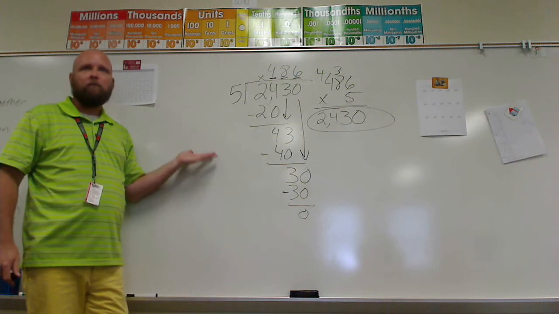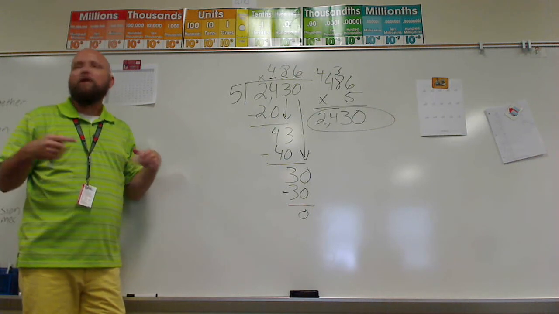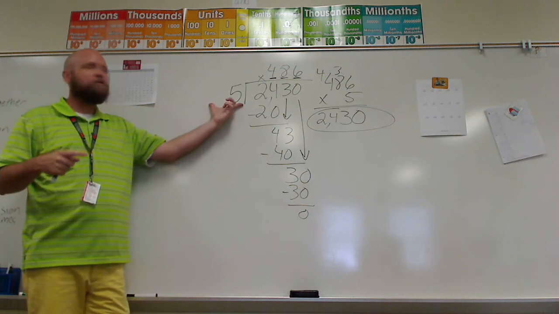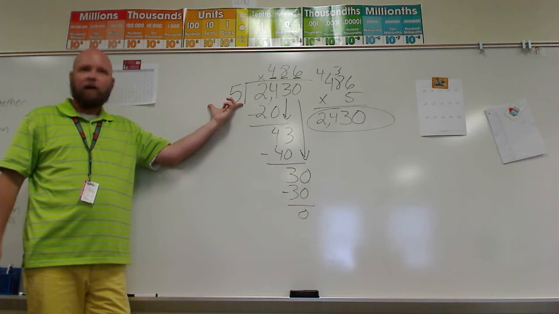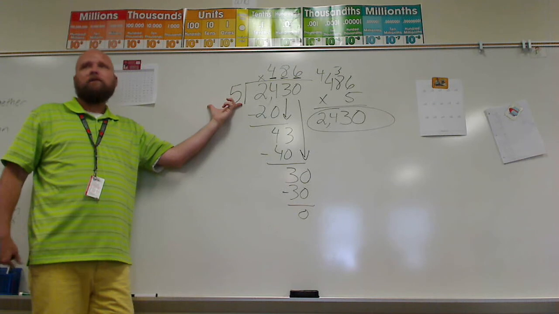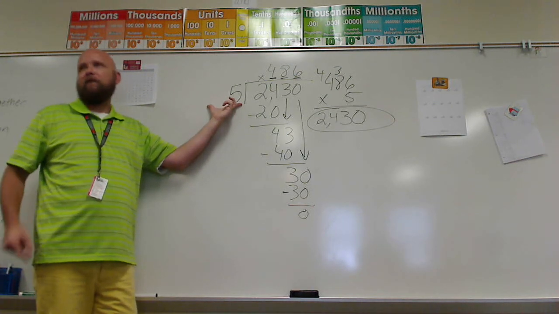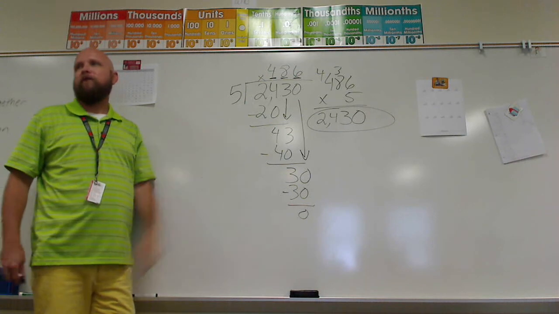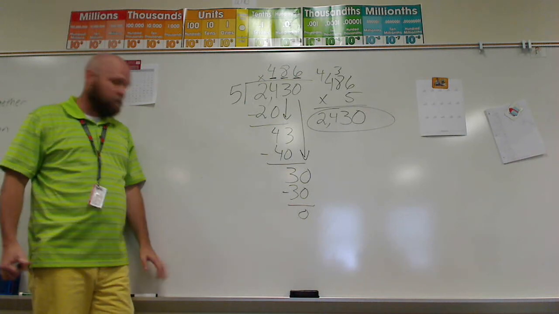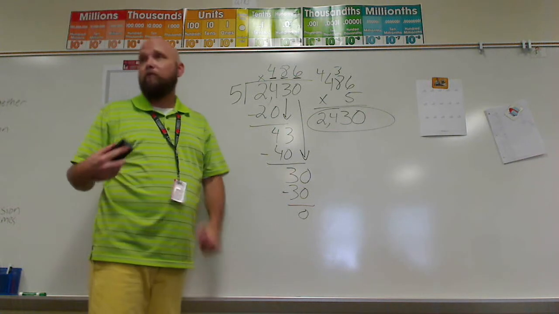It's not difficult because you can still use your multiplication chart. We're just going to have to think a little bit more. We're never going to get past 2 digits in my divisor, not this year. Eventually, hopefully, you'll pass your grades and get to a grade high enough where you'll have a divisor greater than 2 digits. Now, I know some of you are crossing your fingers hoping you'll pass, but I'll do my best.